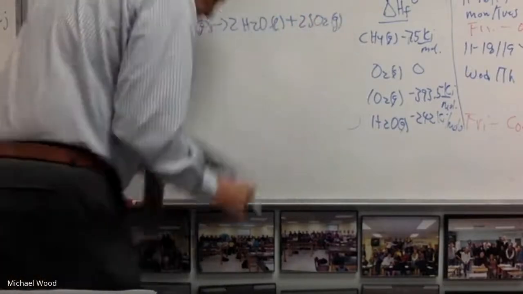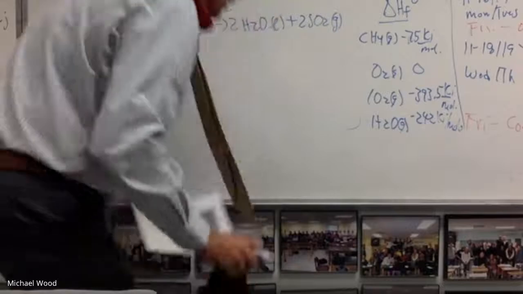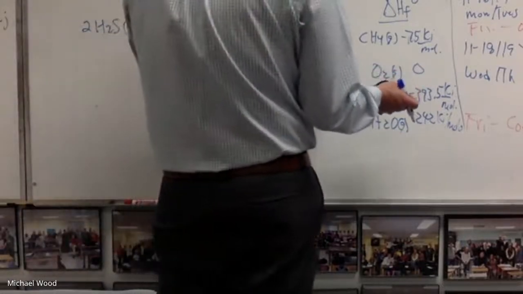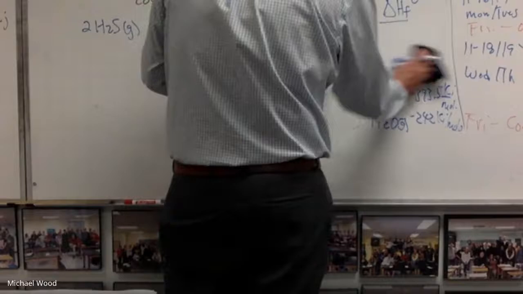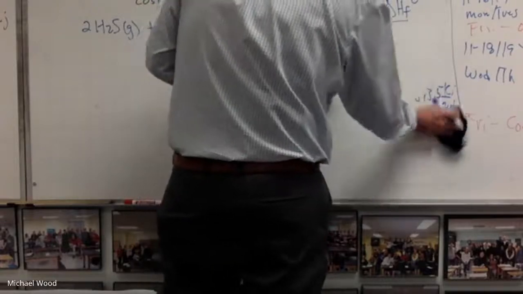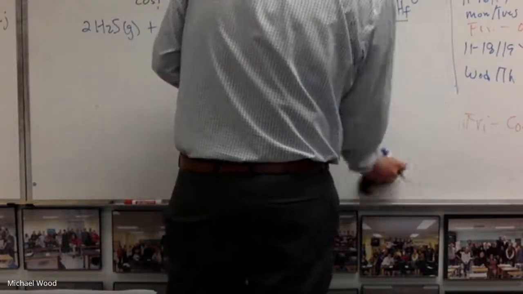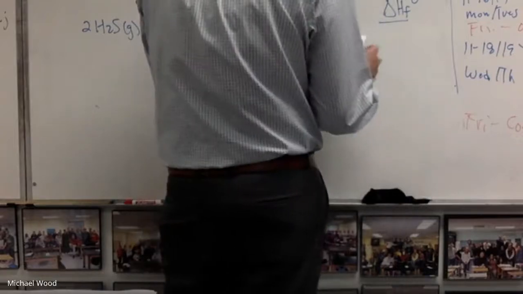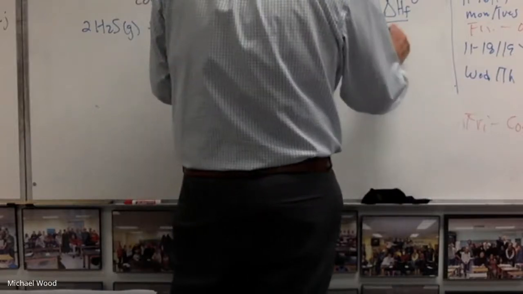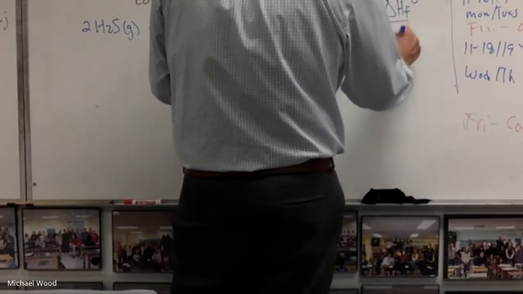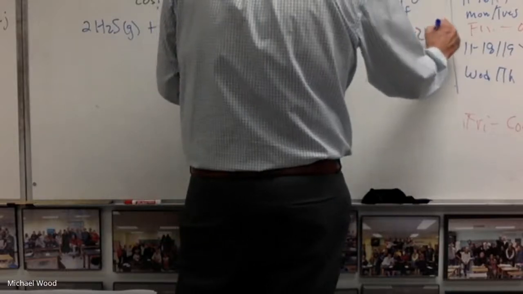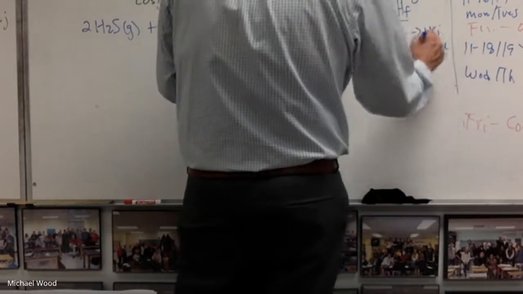Now let me give you the values here. Again, these you could look up in the appendix, the back of the book. The H2S gas is negative 21 kilojoules per mole.